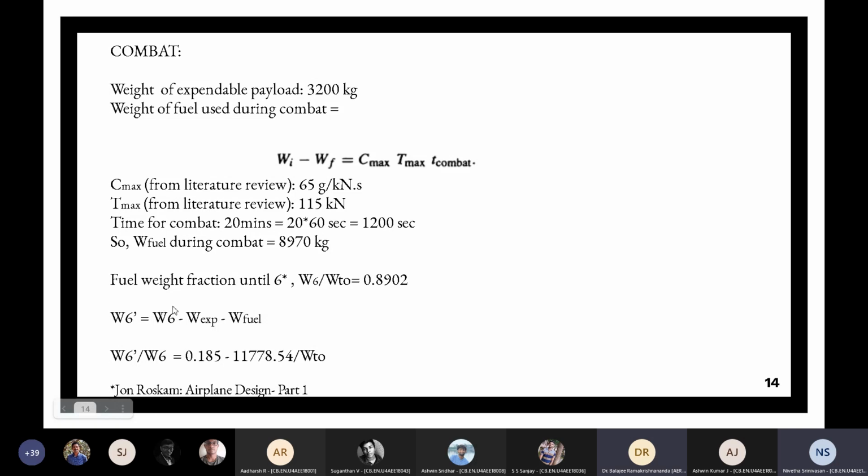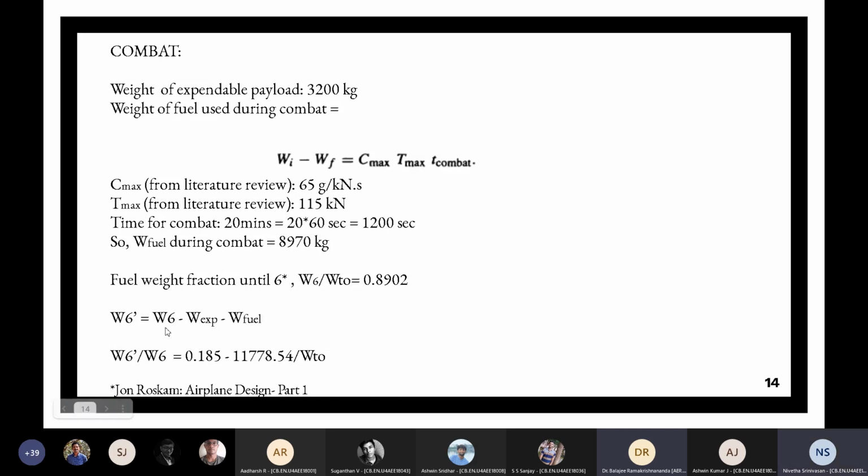Now, since we don't have a value for W6, we took this W6 in terms of the takeoff weight, which is W6 by W takeoff, W6 prime by W6 is 0.185 minus this. This 11,778 includes the expendable payload as well as fuel weight. Okay, you're right. Okay, it's clear to me now.